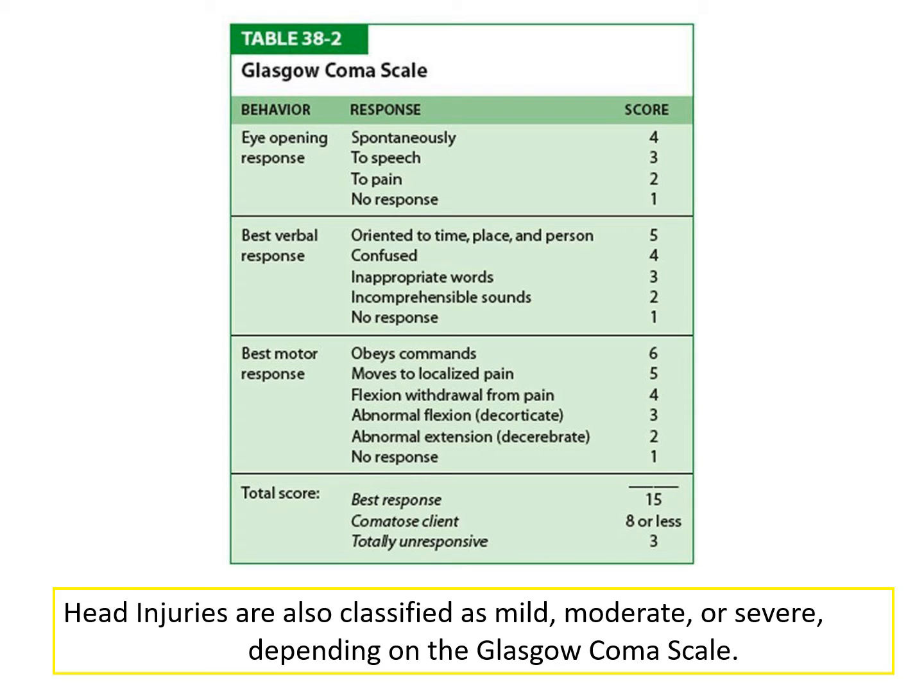It's an easy scale to use, but you must memorize this, because you will have nursing questions asking you to score a patient on the Glasgow Coma scale, and the scale will not be provided to you. So you will have to memorize this and know how to interpret it accurately to get the questions correct.